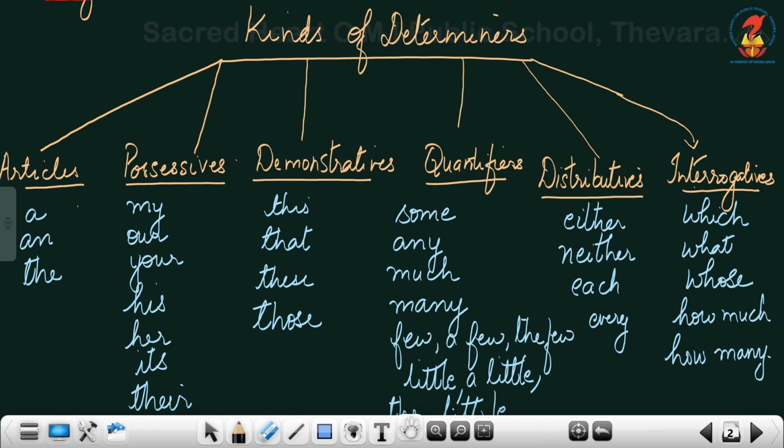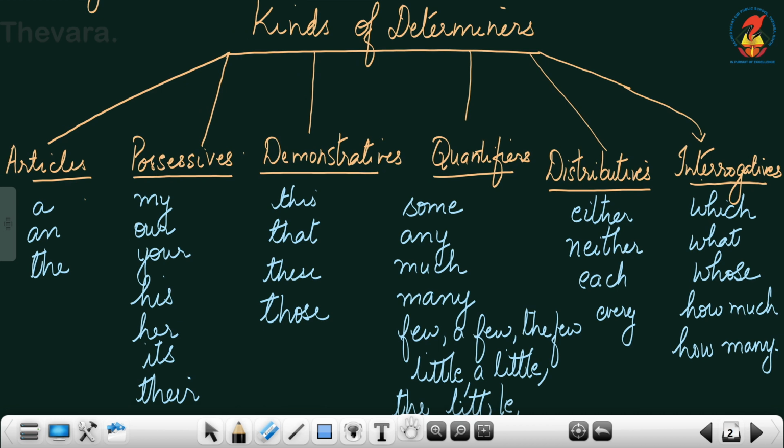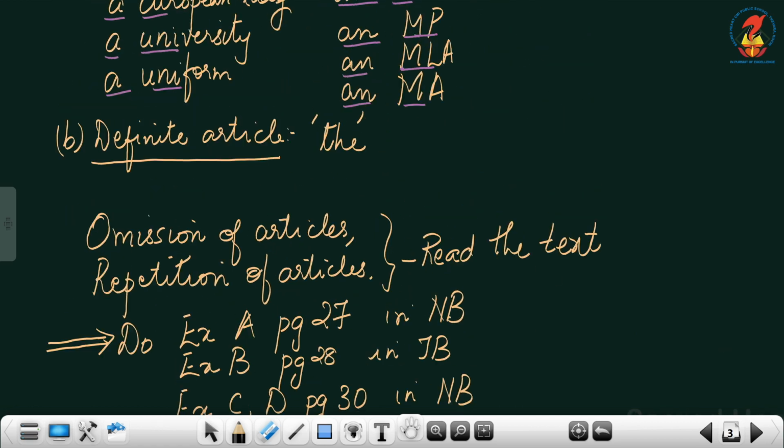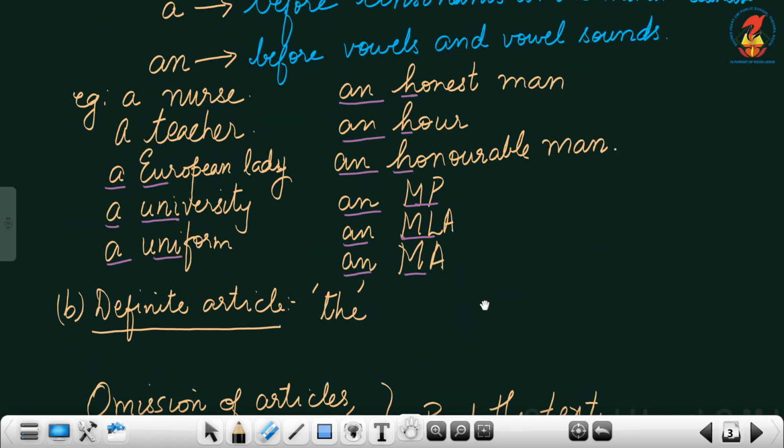Quantifiers: some, any, much, more, few, a few, the few, little, a little, the little. Distributives: either, neither, each, every. Interrogatives: which, what, whose, how much, and how many. Now we move on. We are going to learn a bit about each and every one of these.